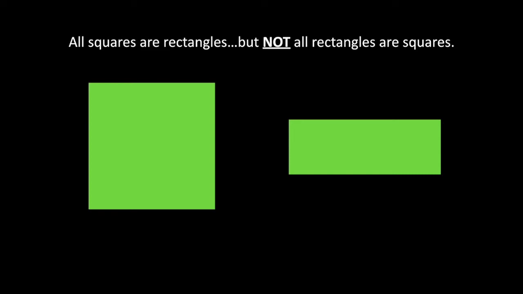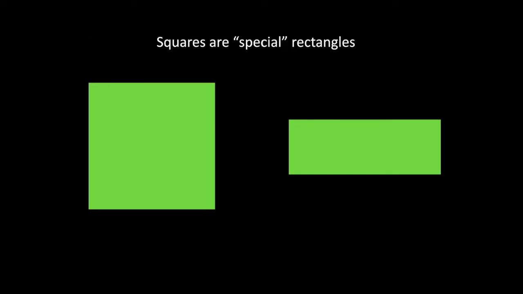Now, granted, this is a really abstract idea for kindergartners to wrap their heads around, but it's definitely something that we need to have students understand by the time they leave us in first and second grade. So let's start developing this understanding from the get-go. We want students to see that squares are really special types of rectangles.